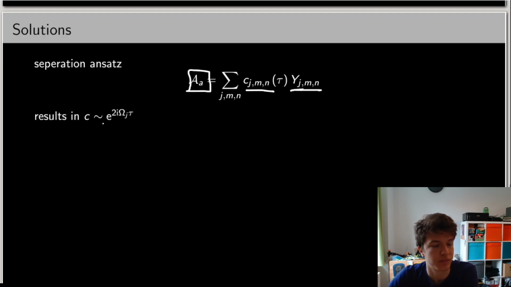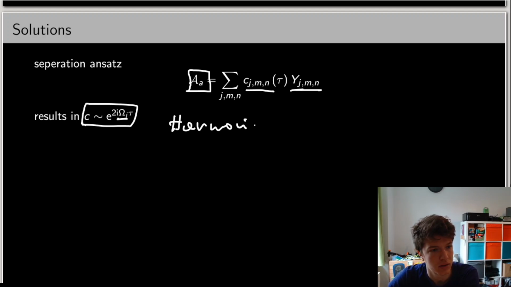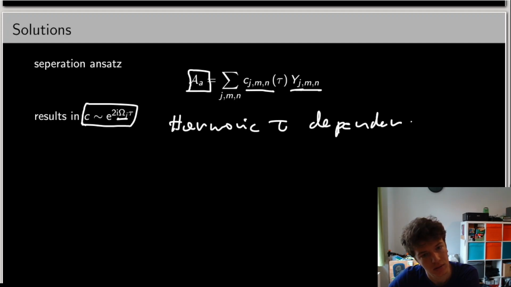And what is cool about that is that in total we get that the j dependence gives a harmonic tau dependence, and the spatial dependence is only in the Y's.